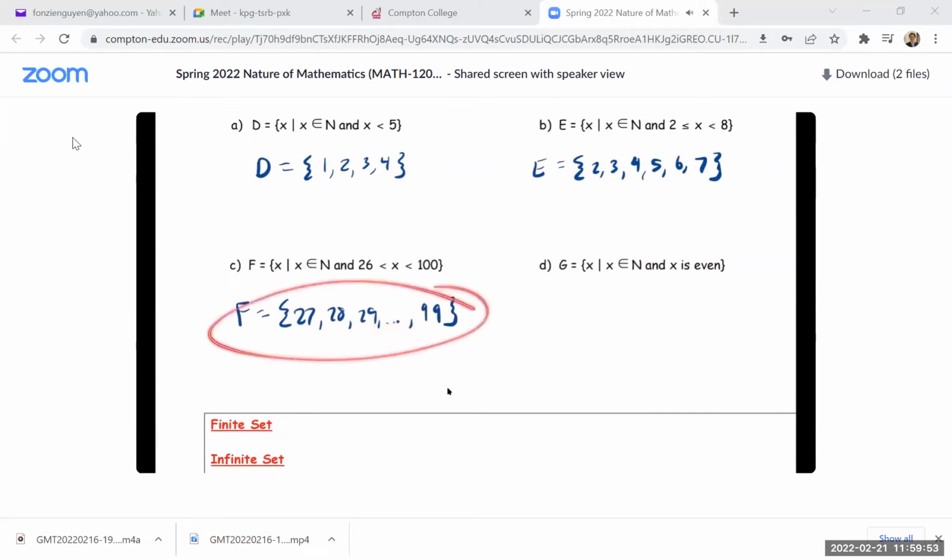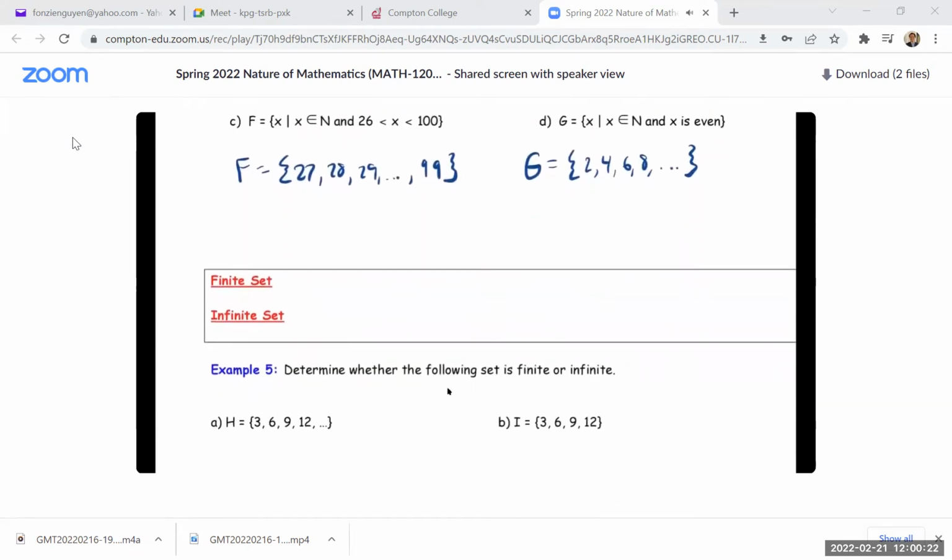The last one of this kind is G, which is equal to 2, 4, 6, 8, dot, dot, dot, because it's infinite. It just says even, which means there are infinitely many even numbers, so we just have to do dot, dot, dot. And that tells you that it continues on forever. All right, perfect.